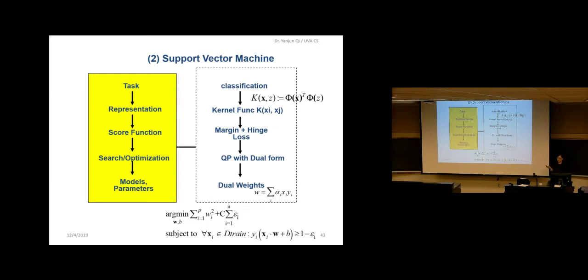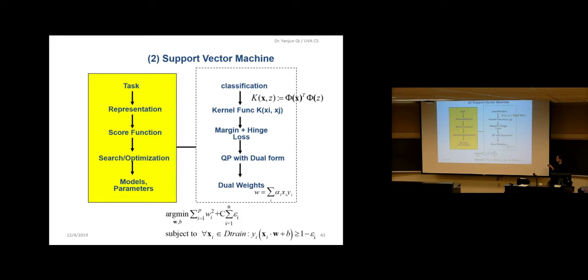And the scoring function is a margin plus the hinge loss. So if you remember, what we are minimizing is actually the reverse of margin subject to the correct prediction with a little bit relaxed margin, a relaxation, which is the hinge loss, in fact.